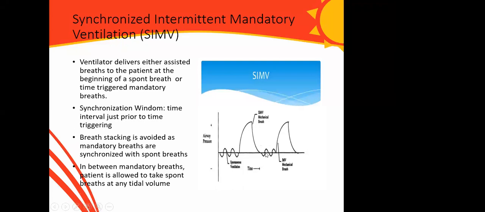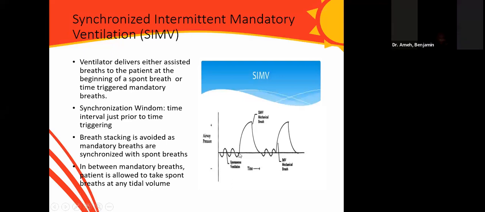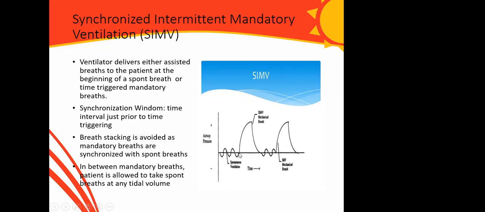The patient breathes, and there's what we call the synchronization window. This is the time interval just prior to time triggering, when the patient triggers the ventilator. This is the time between the patient's spontaneous breath and when the ventilator detects it and synchronizes it.